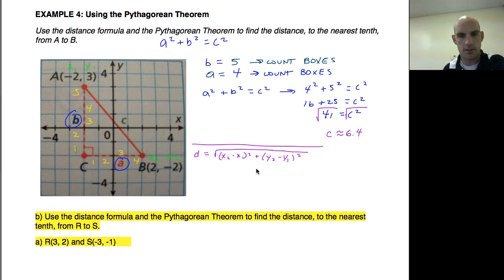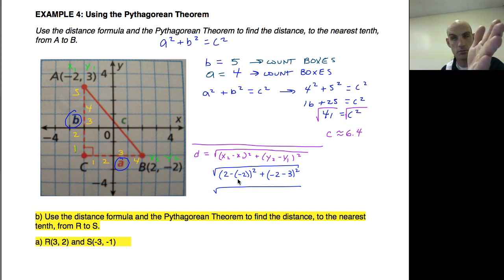Let's do a little bit of subtraction. x2 is 2 minus a negative 2. I'll square that and add it to y2 minus y1. Let's reduce. Negative 2 minus a negative 2 would be 4. So that'll be 4 squared plus negative 2 minus 3, which would be negative 5 squared.